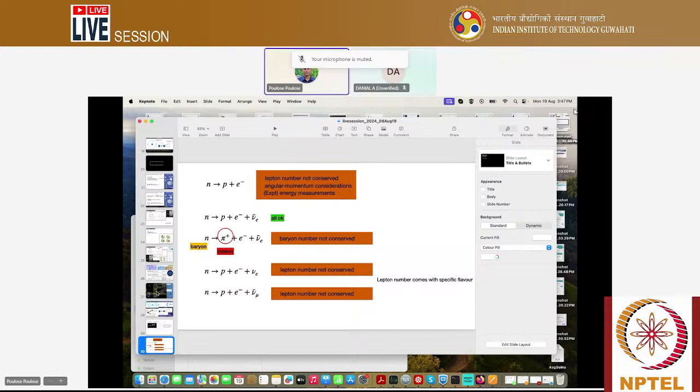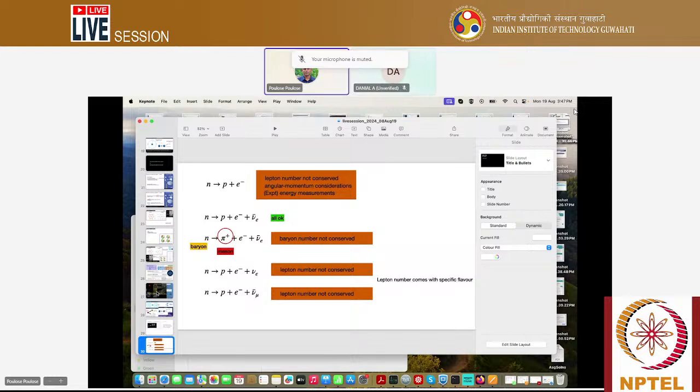So it was postulated to have a particle which is not seen, but is emitted, taking away energy in the form of its kinetic energy. And that particle was named neutrinos.